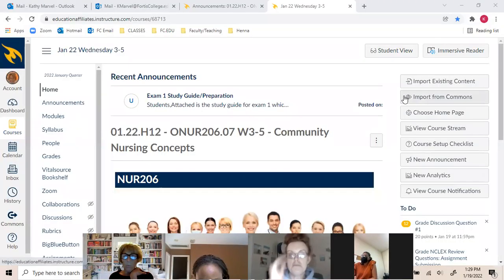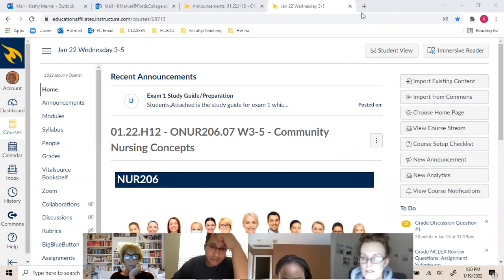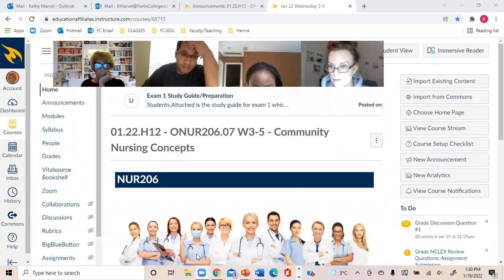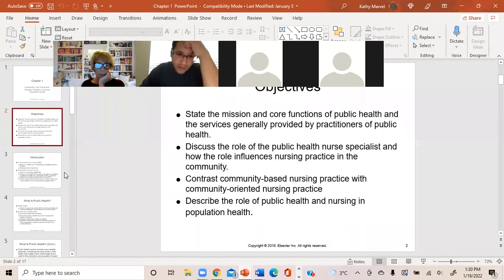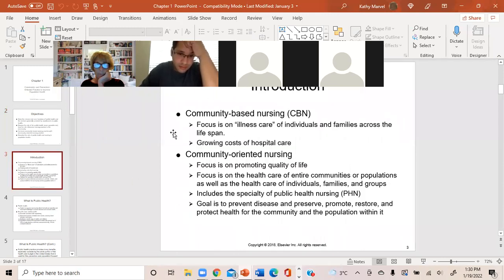Now, am I sharing? Can you guys see this? Yes. So if you go into the PowerPoint that we just did, there are your objectives. In PowerPoint 3, there's one of your answers to your objectives.